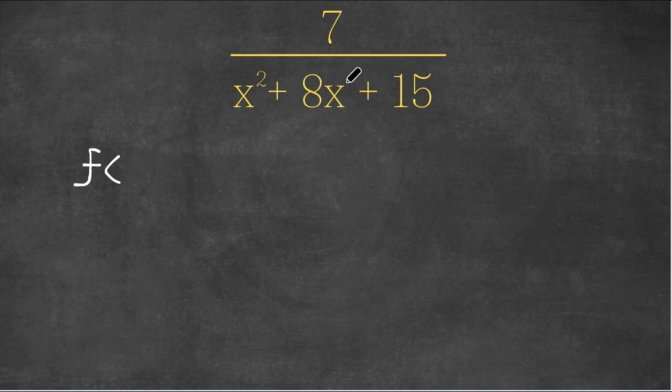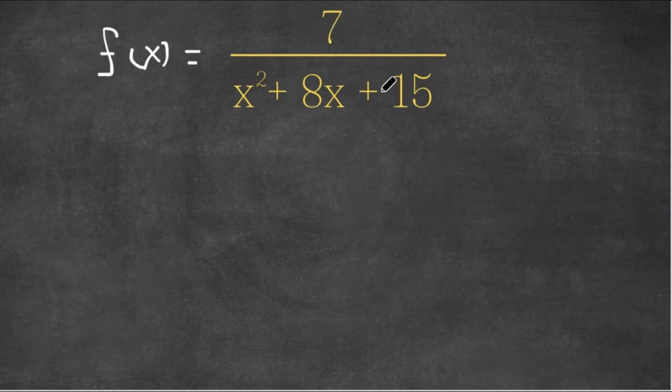So for this function here, f of x equals 7 over x squared plus 8x plus 15, we would want to find out what value of x makes our denominator equal to 0. Because if this equals 0, then remember, 7 over 0, that wouldn't work out.